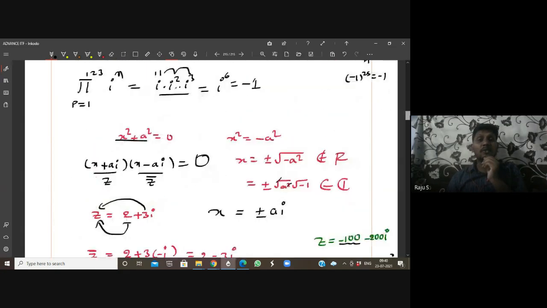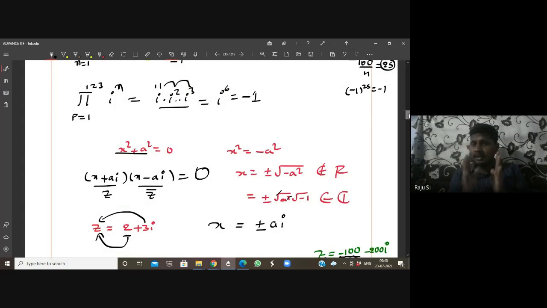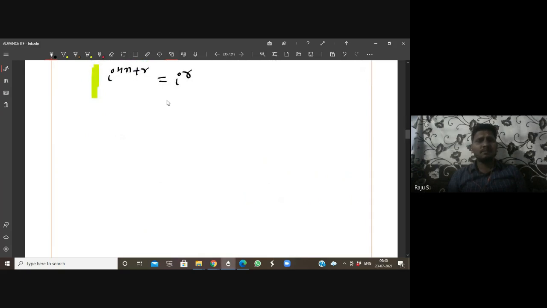See, I am going to give the geometrical representation also for this complex number. Like we can take the x-axis and y-axis. Every complex number we can represent as an ordered pair also. For example, Z equal to x plus iota y can be written as x comma y.